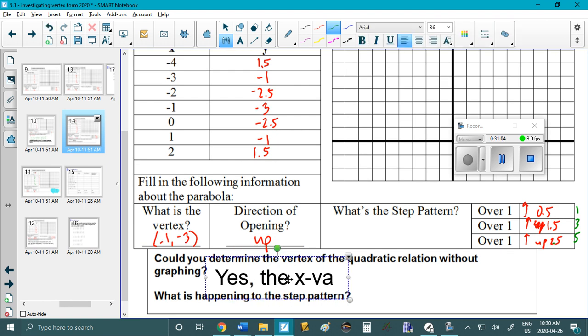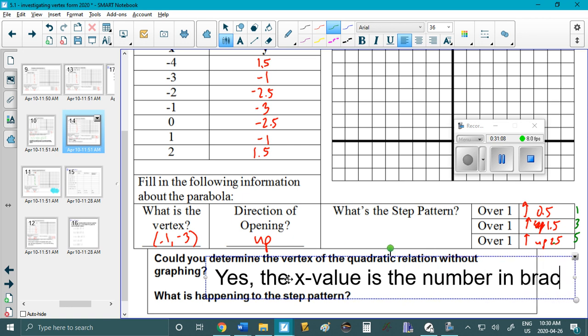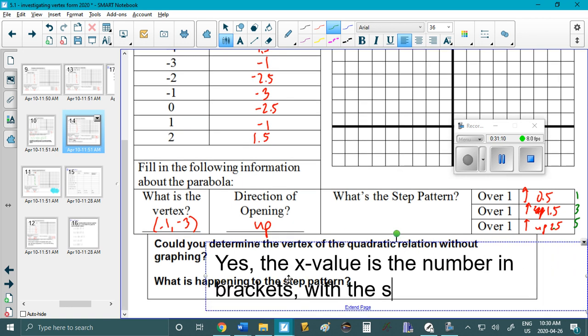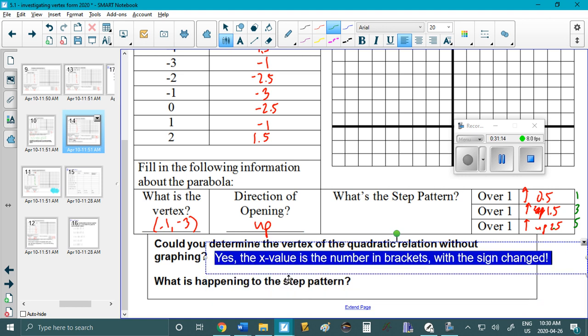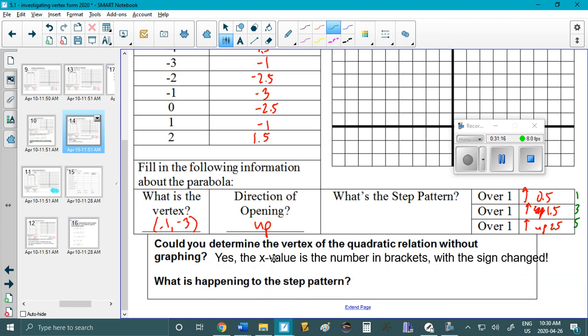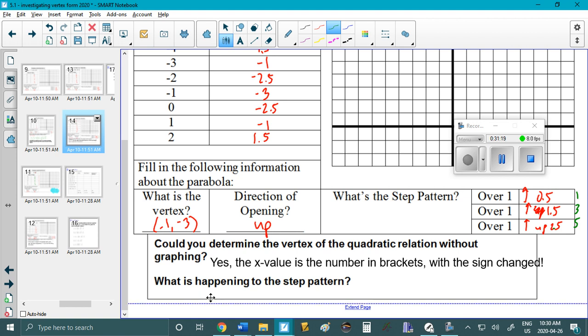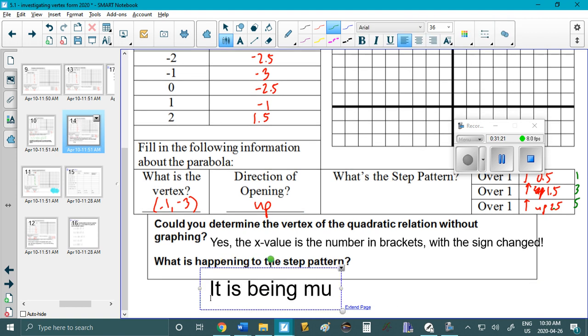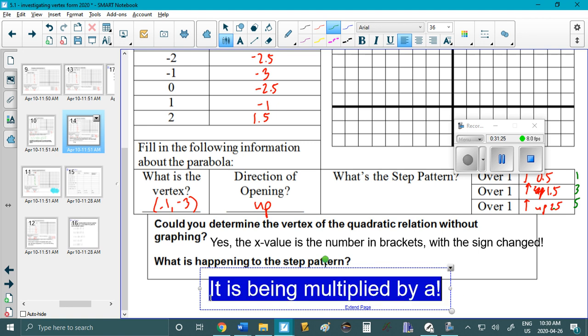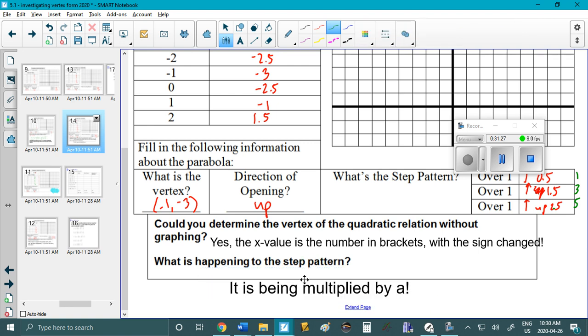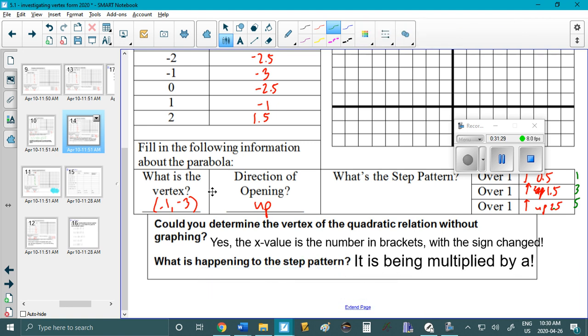So the x value is the number in brackets with the sign changed. Okay. And then what's happening to the step pattern? It is being multiplied by a. Exclamation points, because we're really excited about this.